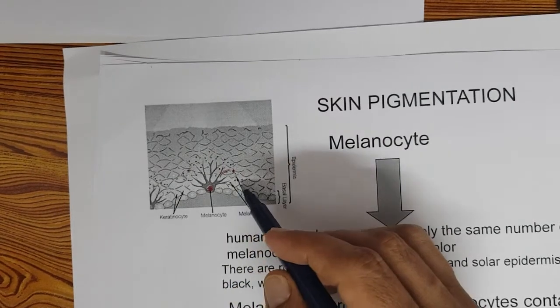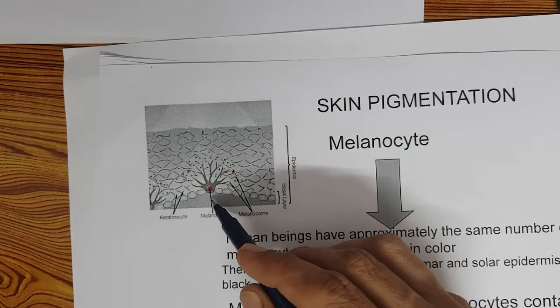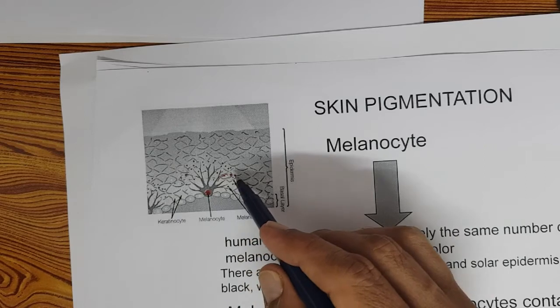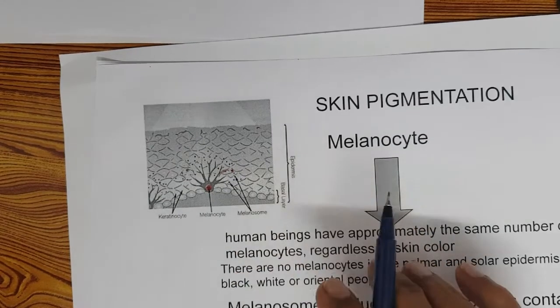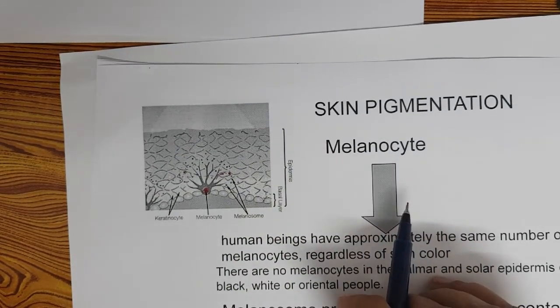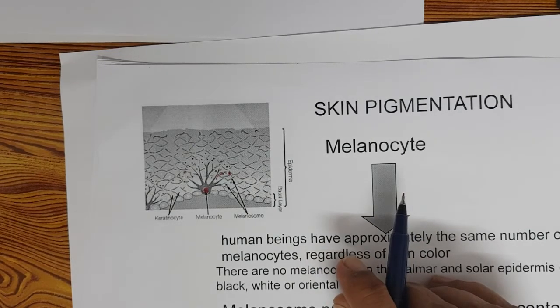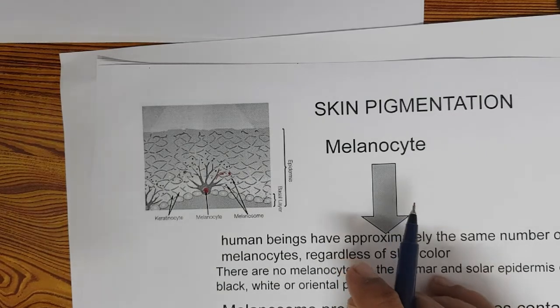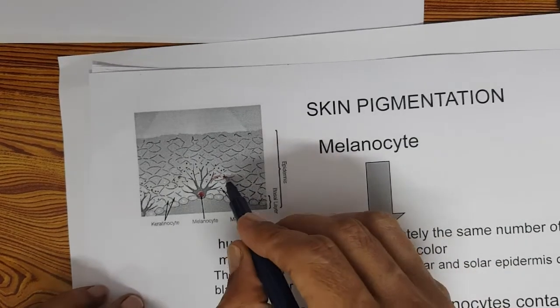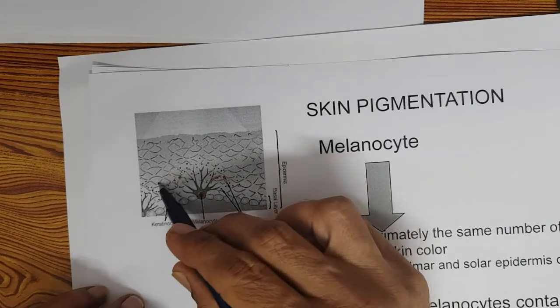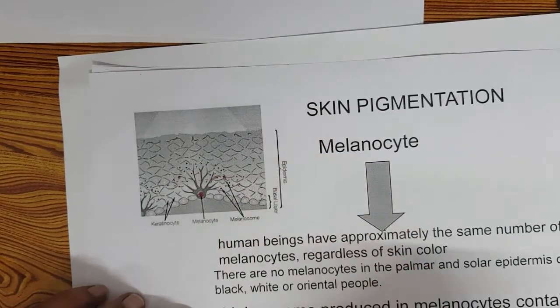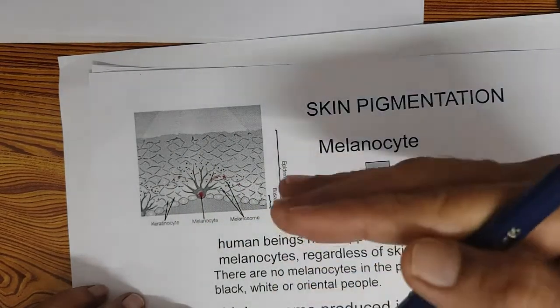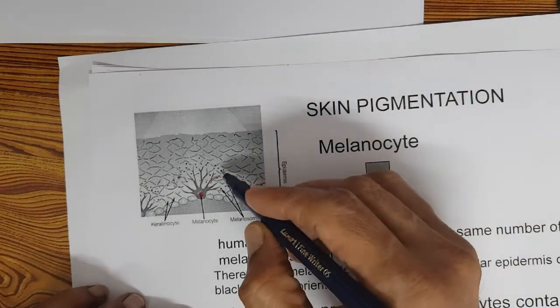Because of this factor, the melanocytes produce melanosomes, and the melanosomes are transferred to keratinocytes. Now you see a certain tan, and you come home, and after 8-10 days you see the skin is much darker, and after some time it comes back to normal. What happens? The cells are dispersed in the lower layers, and I told you skin cell formation is dynamic.